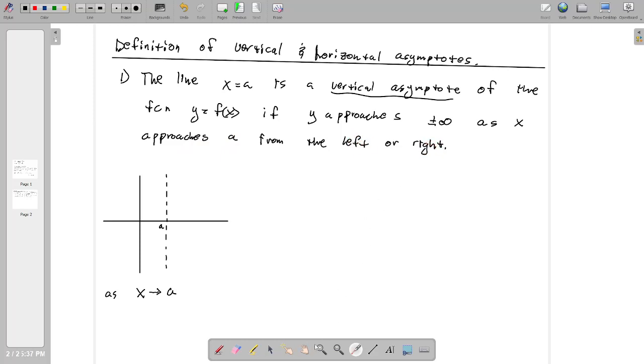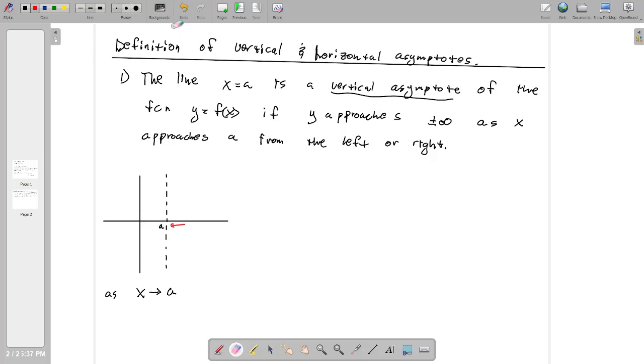So either we're going to be approaching a from the right or from the left. If we're approaching from the left, then our x values are increasing up to a. And if we're approaching from the right, our x values are decreasing down to a. So it would be like plugging in numbers that get closer and closer to a.